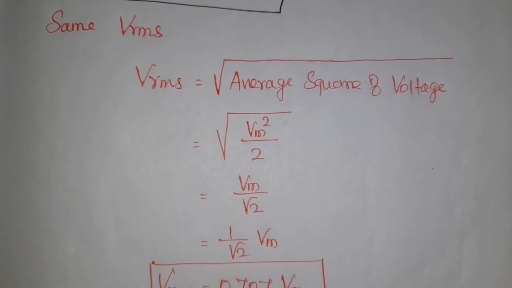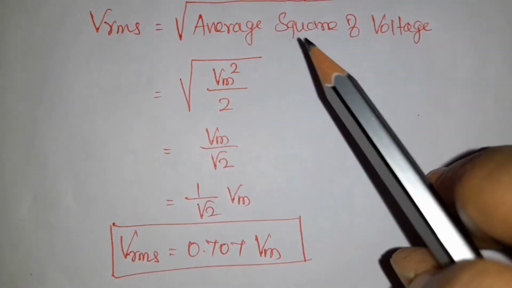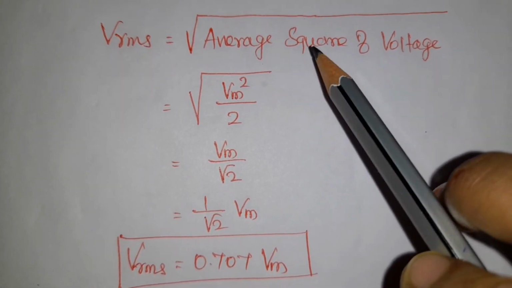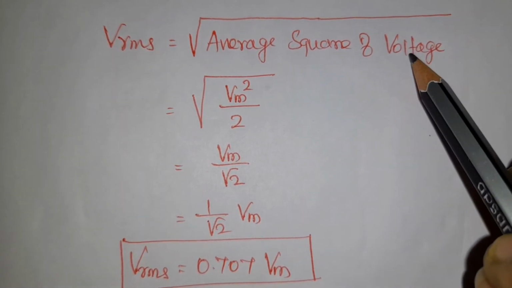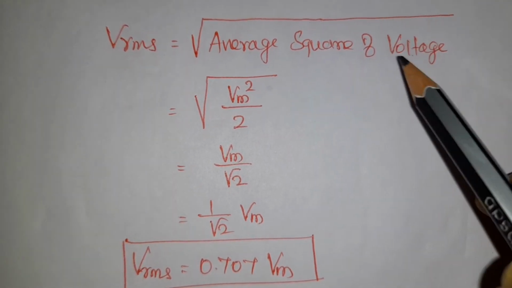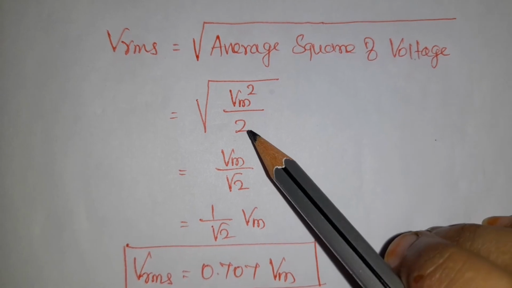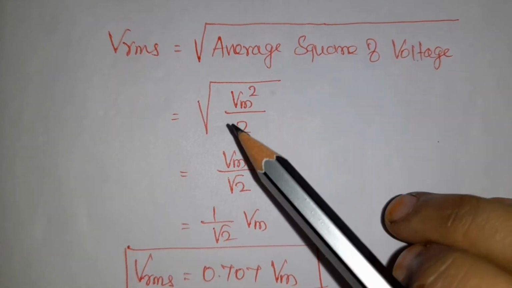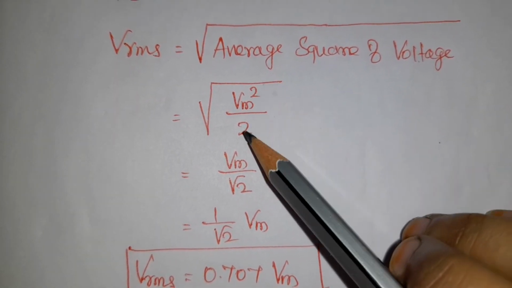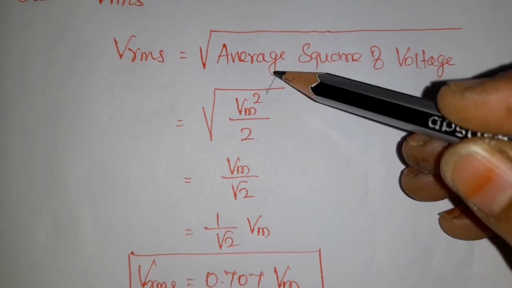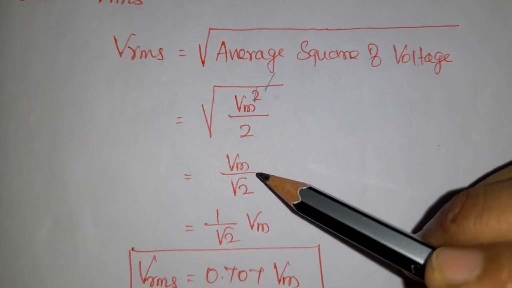Vrms is equal to the square root of the average square of voltage. Irms is for current, Vrms is for voltage, that's the difference. So square root of Vm square divided by 2, the square root and square get cancelled, so Vm divided by root 2. 1 by root 2 is 0.707, so 0.707 Vm.